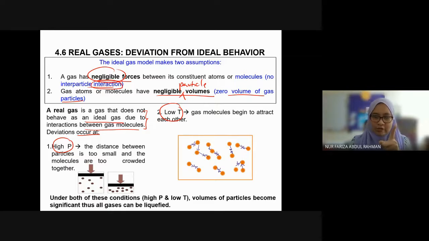So please take note that you should know when a real gas behaves as an ideal gas.